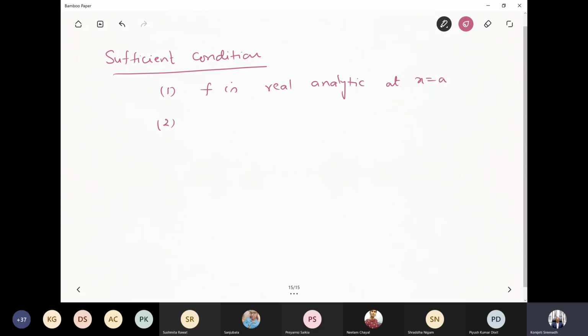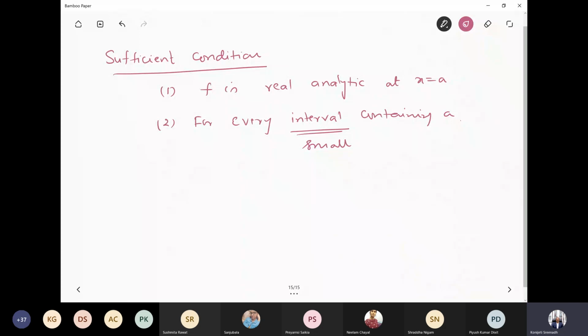And the second statement is, for every interval containing a. I mean to say the interval is a small interval, not all the intervals we take, because the function may not be real analytic on the entire real line. So we take any small intervals around the point a.